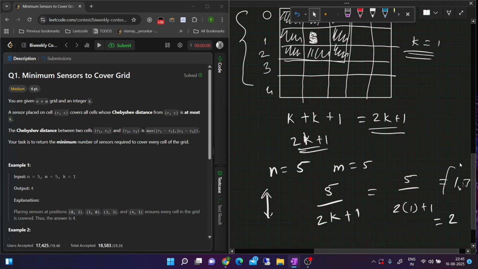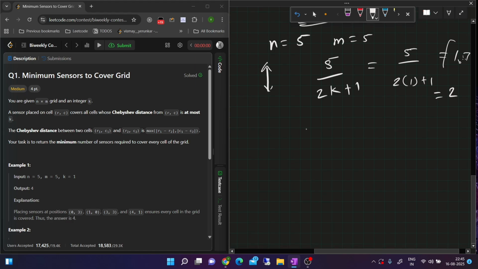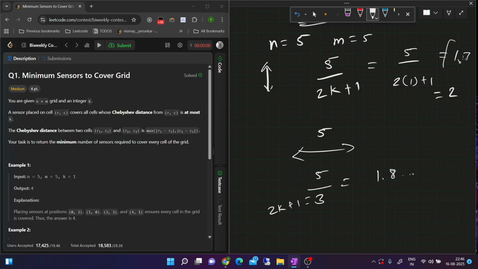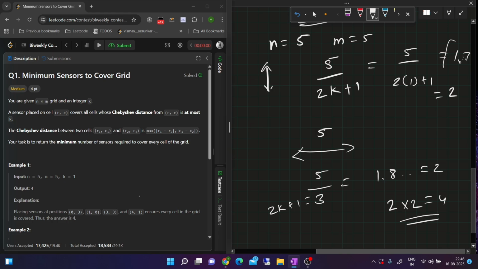Okay, similarly for the horizontal part, we again have 5 divided by 3, where this 3 came from 2k plus 1, and here too it would be 1.7 or 8 something, and then the ceil of this value would be 2. So now as we are considering a 2D grid, the total number of small squares which can be added into this grid would be 2 into 2, which would be 4, and this is our answer.